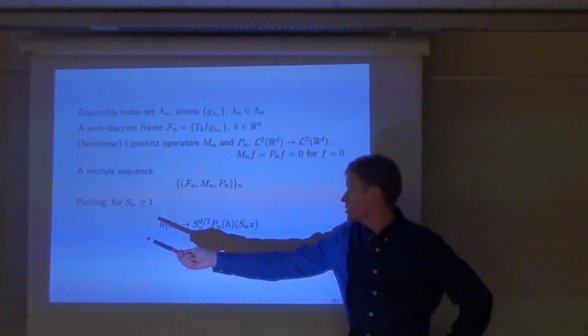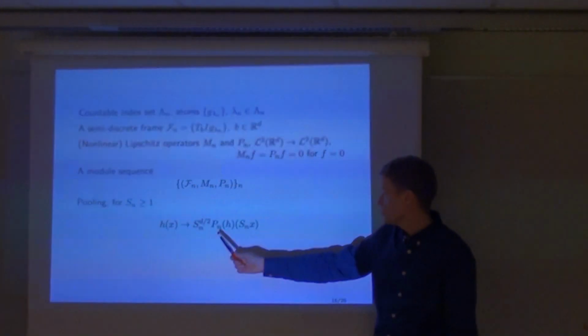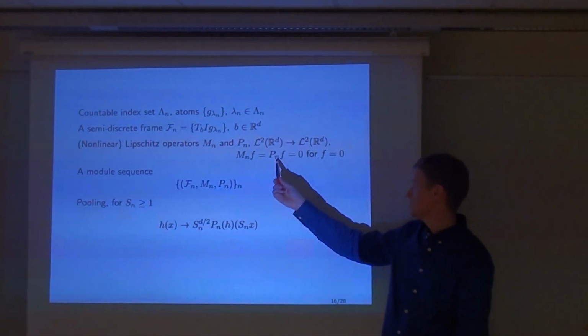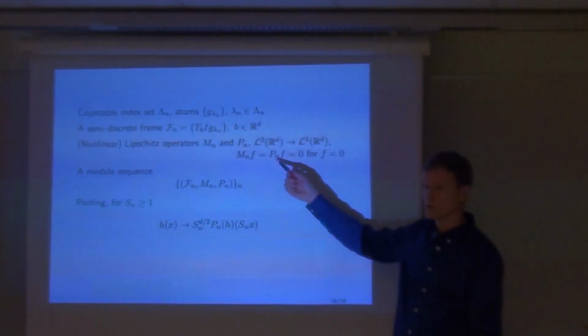If you have a function in the input, h of x, the output is generated by putting h through the pooling operator, P. I called it the pooling operator, so let's stick with that.